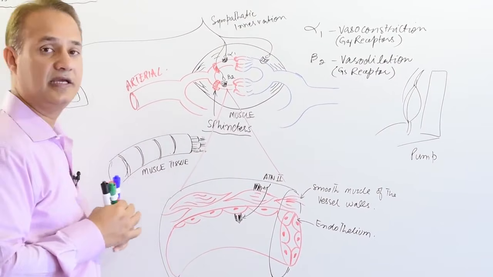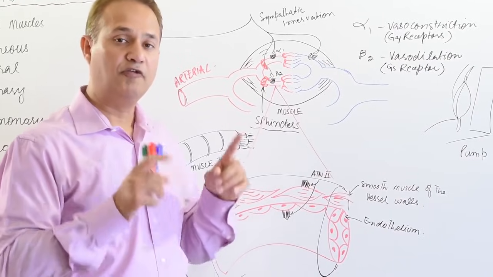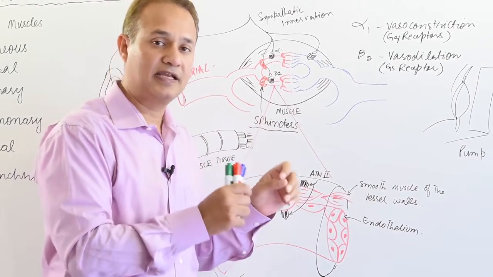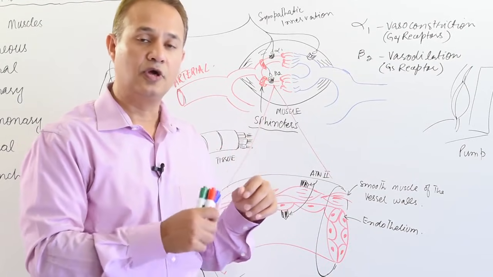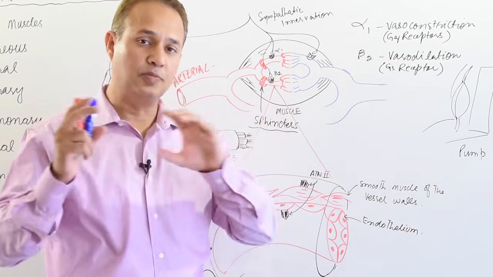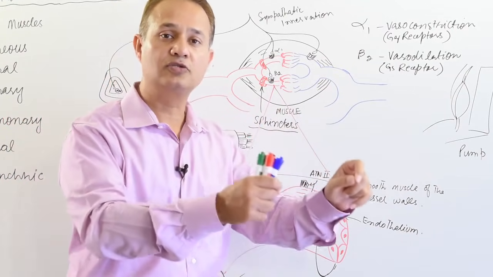Now, normally, sympathetic activity causes vasoconstriction in tissues like splanchnic tissue or renal tissue or skin. So blood is redistributed, blood is moved away from these tissues and brought to skeletal tissues.